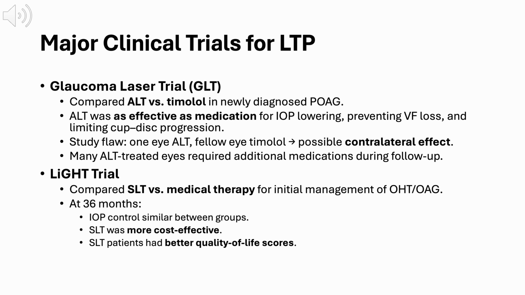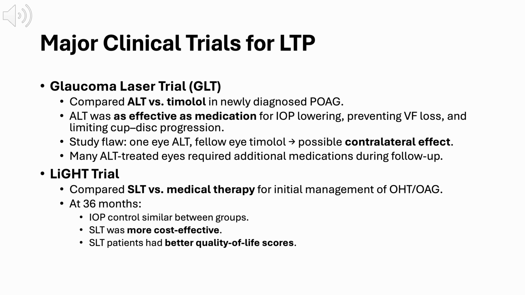The design had an important limitation. One eye received ALT and the fellow eye received timolol, so a contralateral effect may have diluted the true difference between treatments. And despite the strong early response, many ALT-treated eyes eventually needed medications during follow-up.